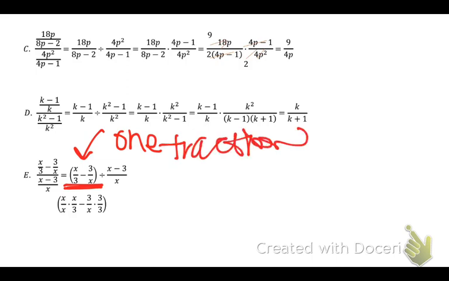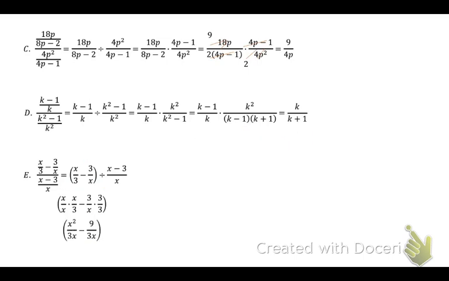So I'm looking at this. This has a 3. This has an x. So I'm going to multiply this first fraction by x over x, second fraction by 3 over 3. When you do that, you get x squared over 3x minus 9 over 3x, which is x squared minus 9 over 3x.